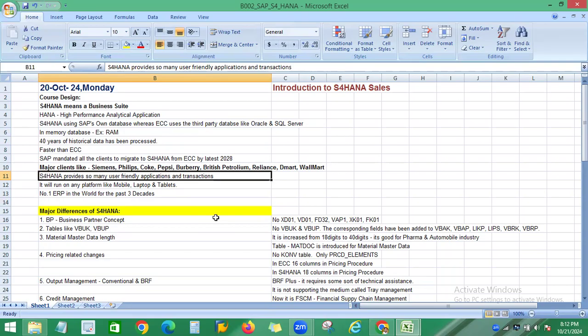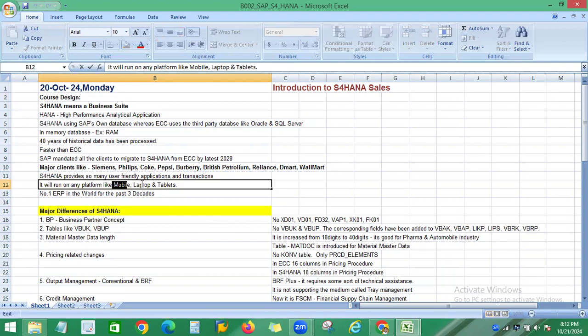However, SAP S/4HANA is called user-friendly because we can do our activity on mobile, laptop, and tablet also. Nowadays everyone is using mobile, so it will be easy to handle.